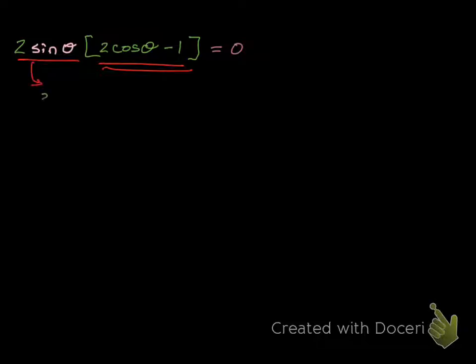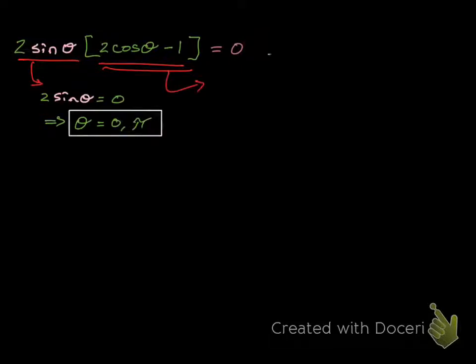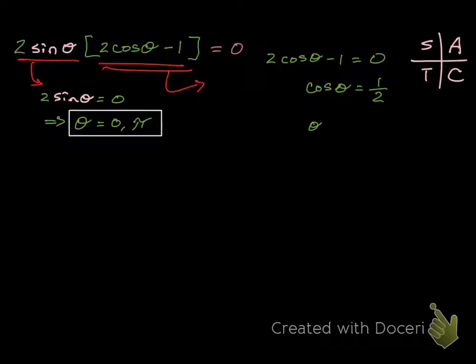First, sine theta equals 0. Well, that happens when theta is 0 and pi, right? The next is when 2 cosine theta minus 1 equals 0, or when cosine theta is equal to 1/2. For this, I try to remember when cosine is positive, and that's in the first and fourth quadrants.